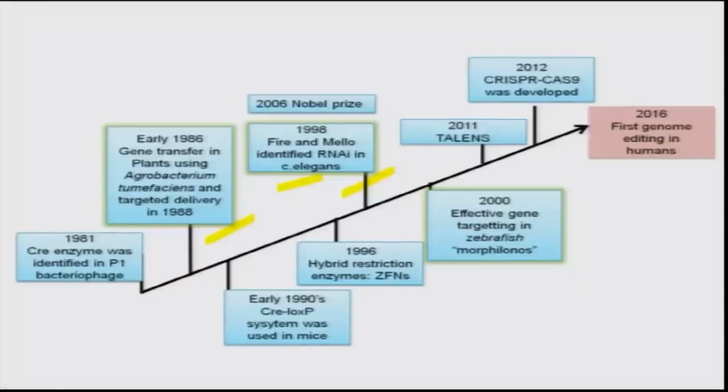A very similar powerful tool came for understanding development in another model system, zebrafish, called Morpholinos. Both these systems are not restricted to these organisms, and you can use them in a wide variety of systems, which we are going to discuss. Let us first look into how the RNAi system functions.